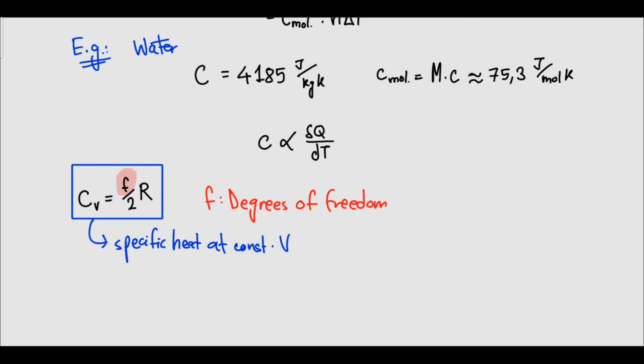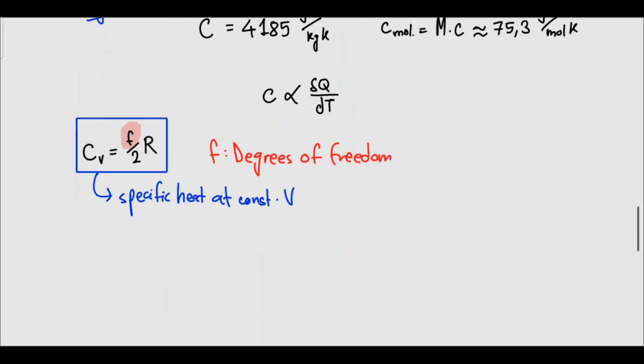How that description came to be, how this formula came to be, we can also talk about in a different video. This video is supposed to be just a motivation as to what the CV and CP values physically mean. And we also have a variant of the C value in terms of pressure.